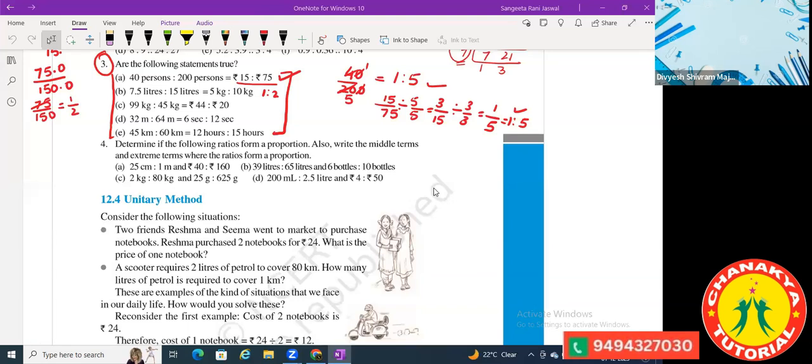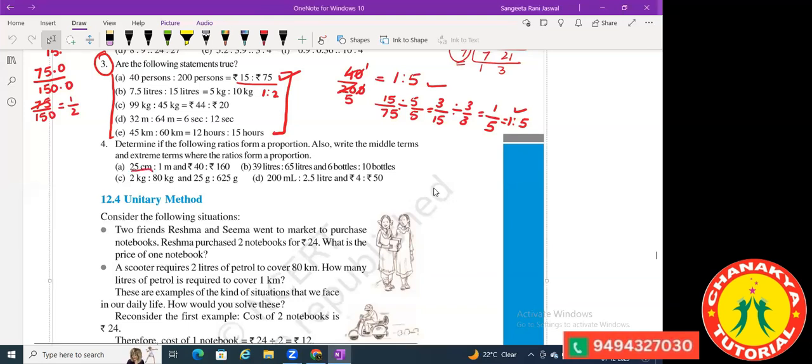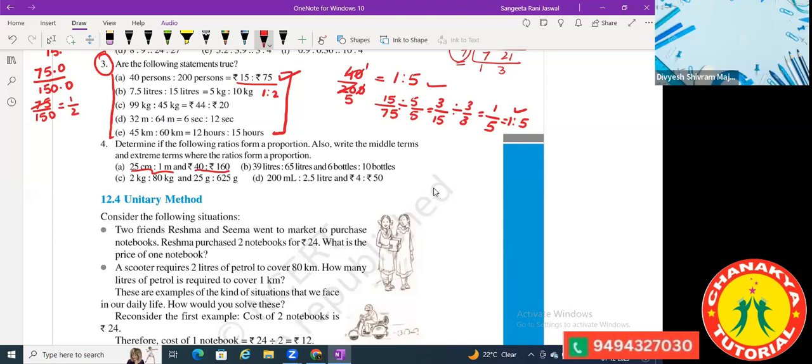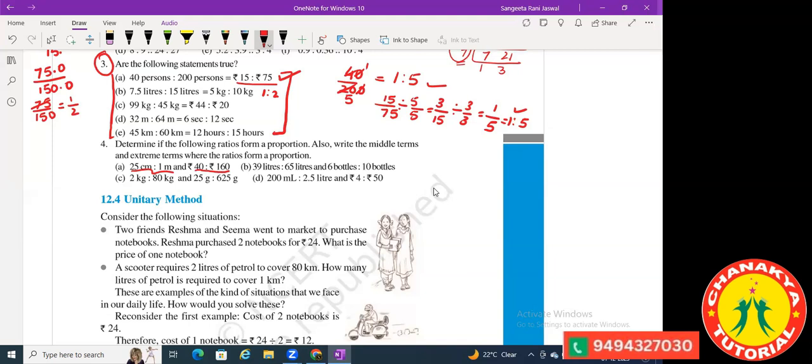Now see here, it's saying you have to show whether these two ratios are in proportion. To show that, you need to first show that the ratios are equal. Put them in the proper unit, so you have to convert them so that they come into proper unit.